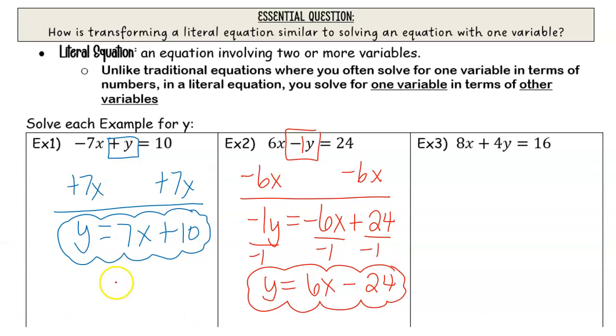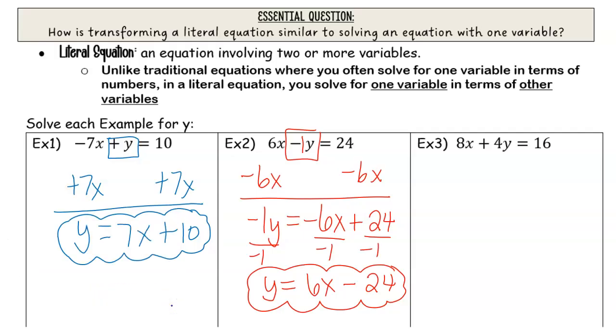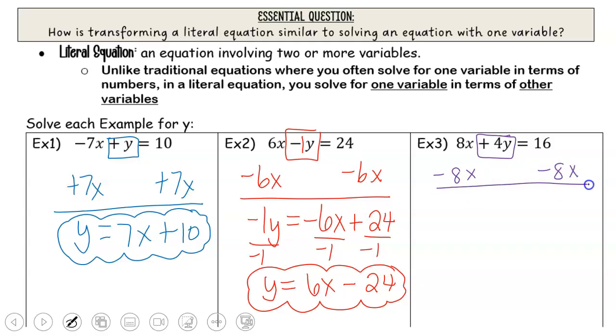All right, we are going to try the next one. So I am wanting to isolate y. So I'm going to highlight that's the one I want to get by itself. So first thing I have to do is get rid of that 8x. And so to move a positive 8x to the other side, I'm going to minus 8x on both sides. So now I have 4y equals negative 8x plus 16.